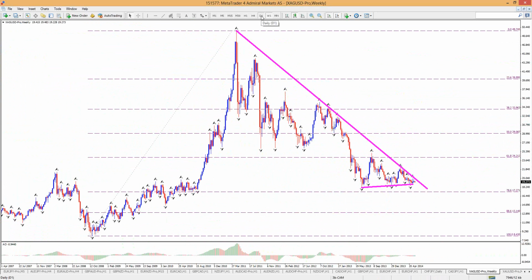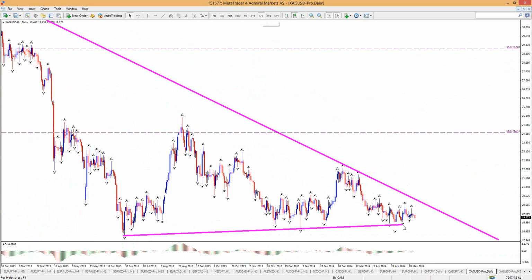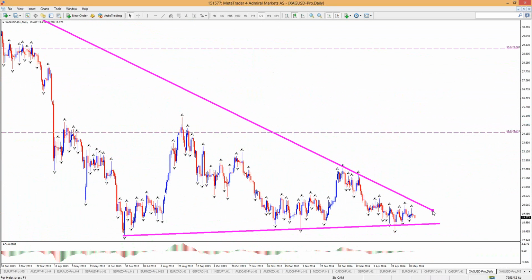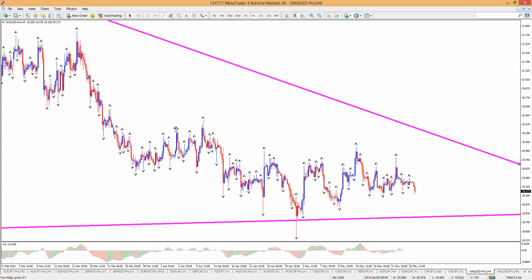Let's take a look at XAG. And it's not that symmetrical triangle that we saw in gold, that's for sure. It more looks like, if anything, a potential descending wedge. Or if we look at the 4-hour chart, something like a sloppy, weird-looking triangle that is also about to be broken.